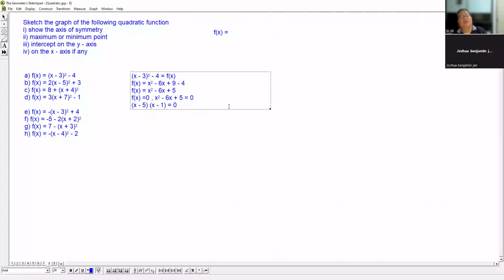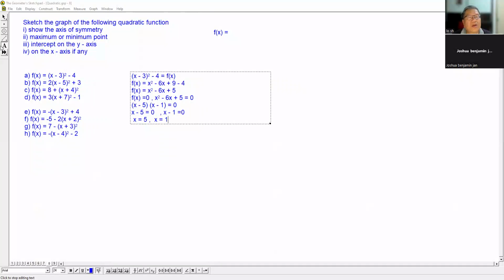Then x minus 5 equals 0, so x equals 5. So I know one x-intercept is 5. Another one, x minus 1 equals 0, so I know another root of the quadratic equation is x equals 1.